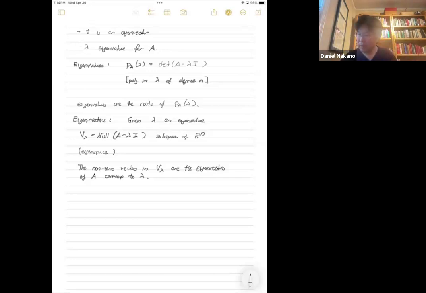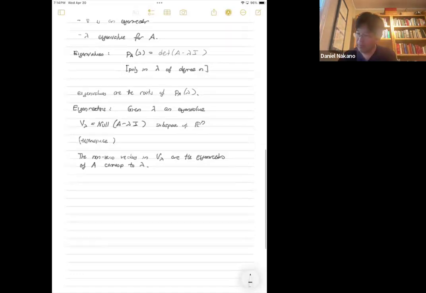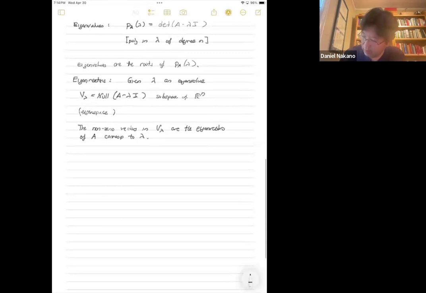Okay, so why are eigenvalues and eigenvectors important? Well, they're important because we can show that A is similar to a diagonal matrix under certain conditions. So there's an important notion of diagonalization.